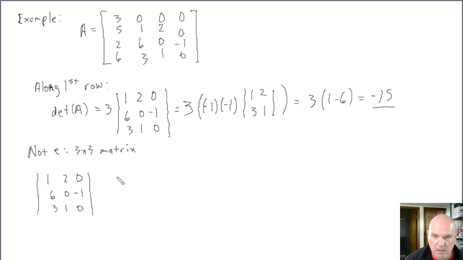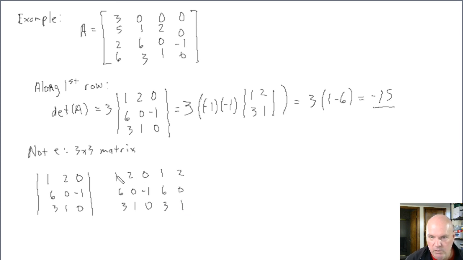To find the determinant, I actually just take the original matrix and then augment it by repeating the first two columns, 1, 6, 3, 2, 0, 1.